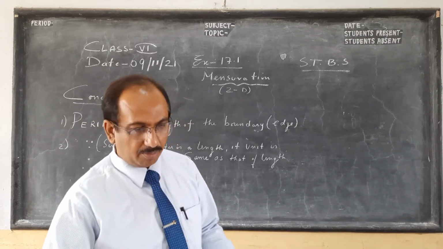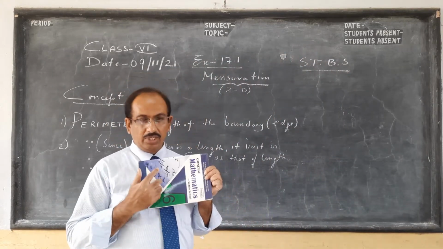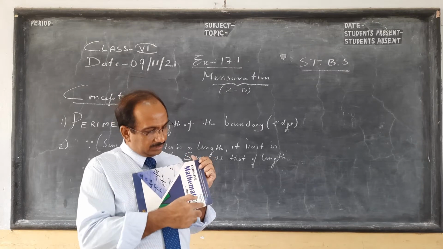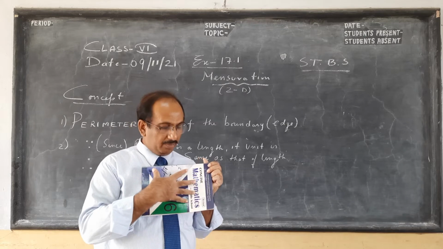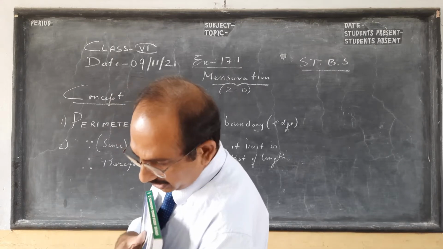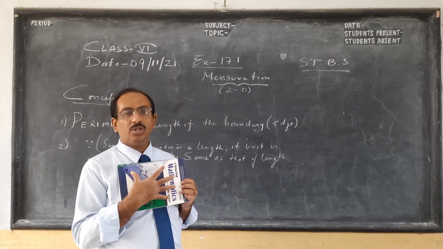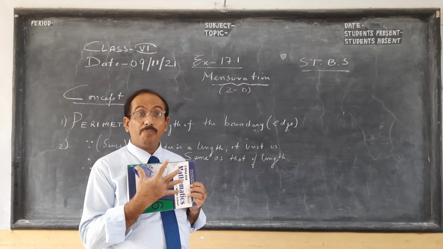So suppose I have a book, concise maths, so here you will see this length of the edge is called the perimeter, and when you include the interior, it is called area.